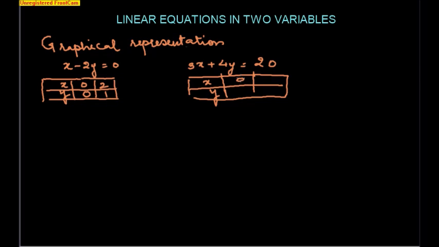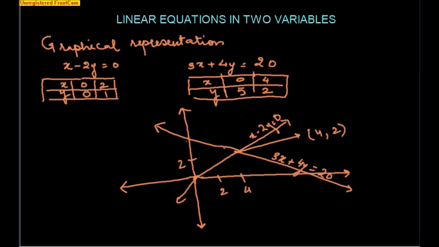I get (0, 5) and (4, 2). Let us draw the graph of this. If we plot the graph, it comes out to be something like this. And if you see the intersection point, this is (4, 2). So this becomes the solution of these two equations. That means 4 and 2 will satisfy both the first equation as well as the second equation. This is the graphical representation.